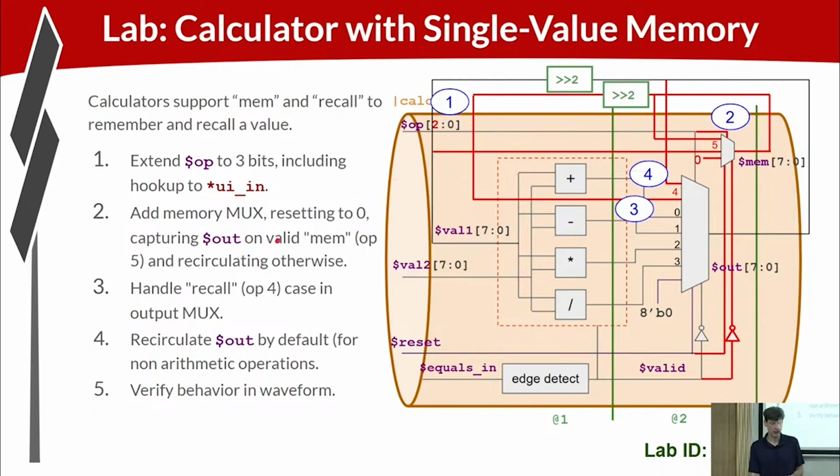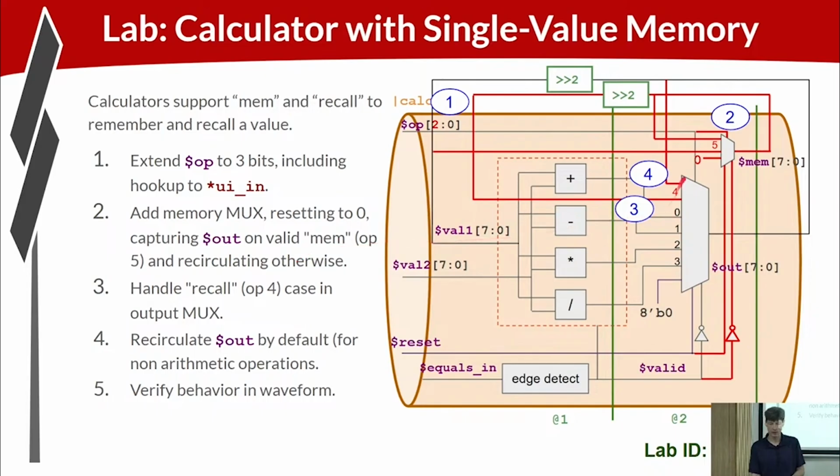Okay, so it needs to capture the output on a memory operation. So that's this path that loops around over 2 cycles. It needs to recirculate otherwise, so that's this path. And then we need to handle recall, which is sort of the opposite of that.